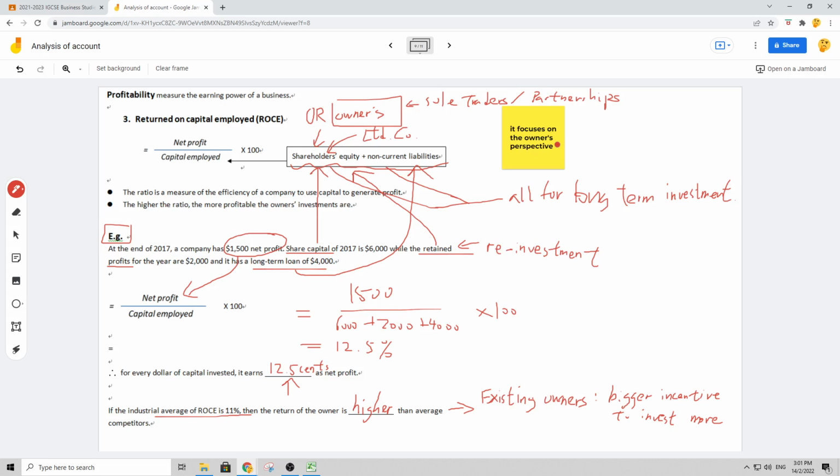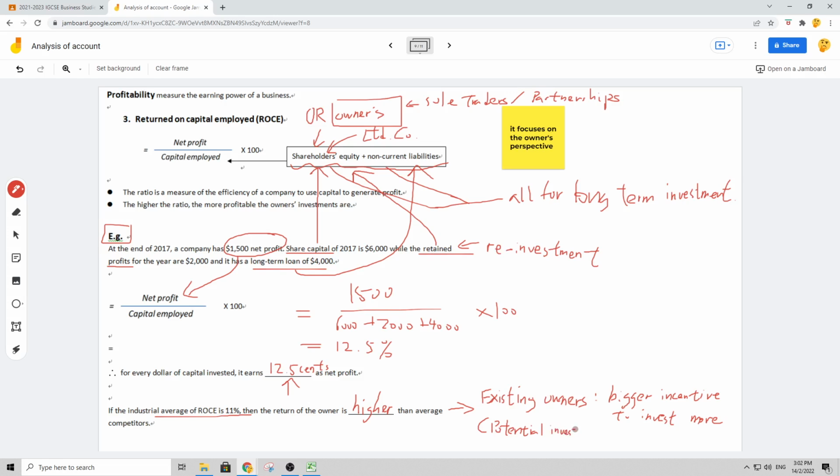And it even applies maybe to potential investors as well, right? Because sometimes when people are looking at your business, they want to think about whether or not I should invest in this business. Because at the end of the day, we are all rational. We only look at our own benefits.